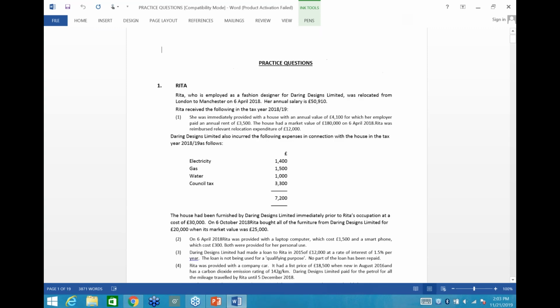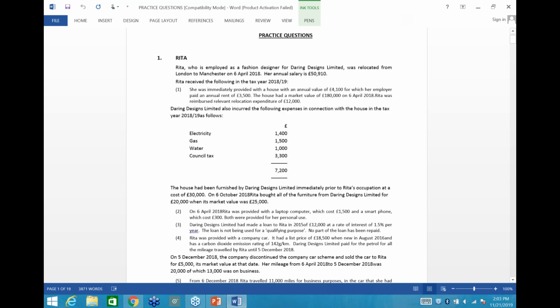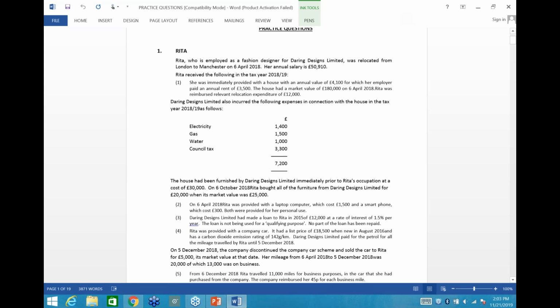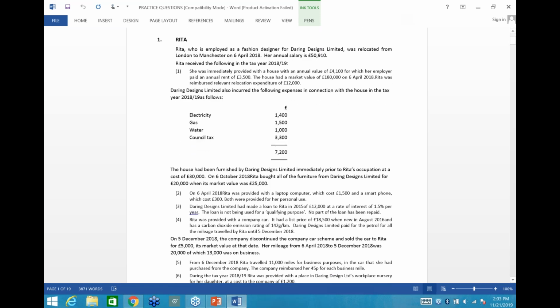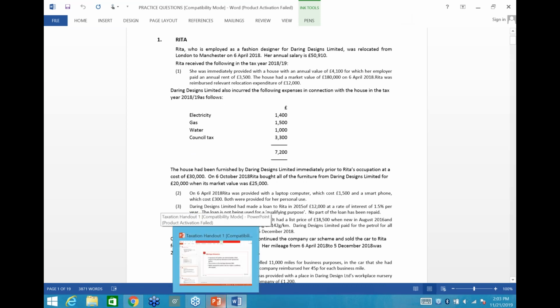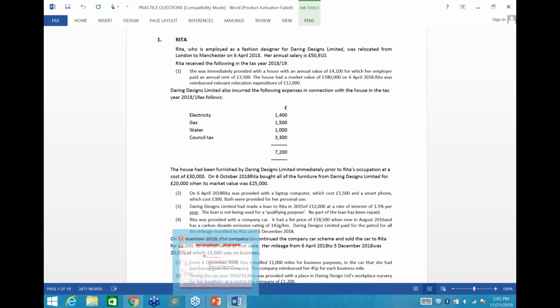Most of the time in section C, you get questions from individual income tax computation and corporation tax computation, and there can be a 10-mark question on trading loss relief as well. So these are highly examinable areas. So you must be familiar with employment income computation and self-employment income computation, which includes capital allowances and basis of assessment rules. Anyway, here we are required to calculate the employment income.